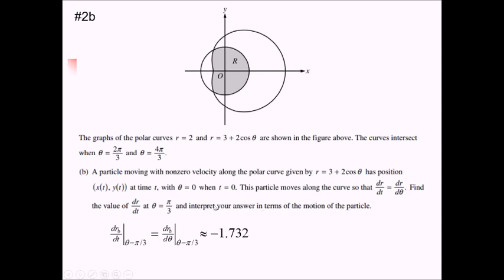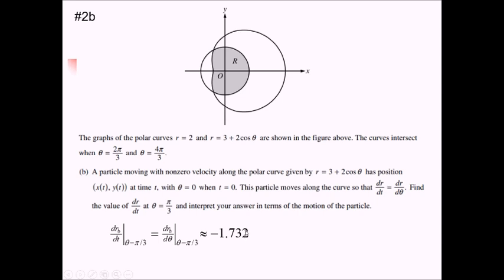Well, we have to figure out what this dr over dt really represents. This is the rate at which r is changing with respect to time. R is the distance from the origin on a polar curve. So at time pi over 3, we basically have a negative rate of change.